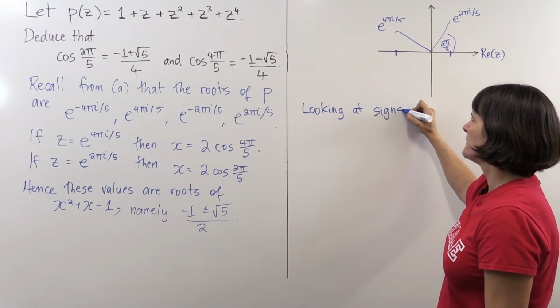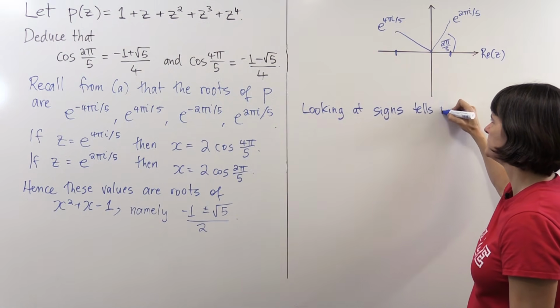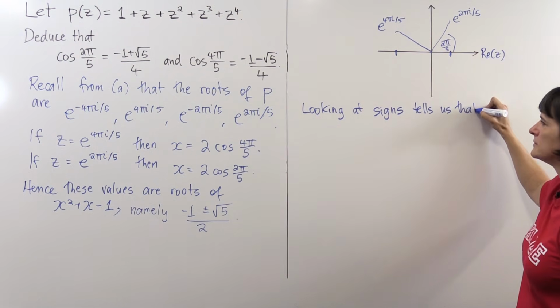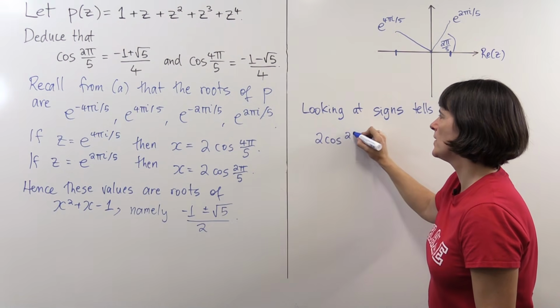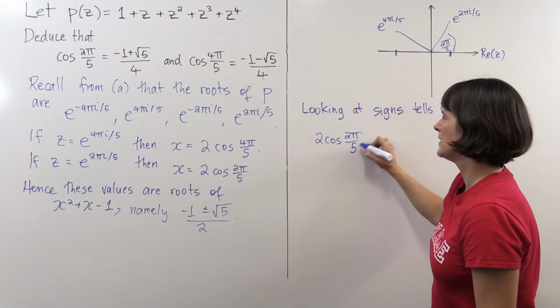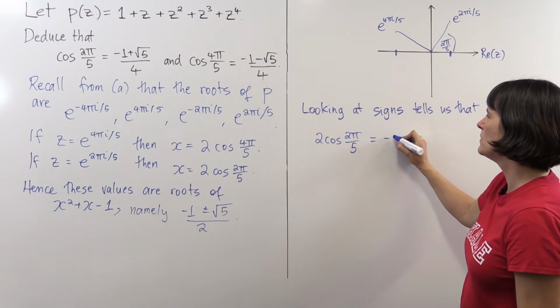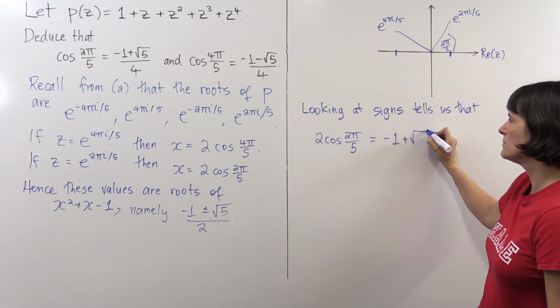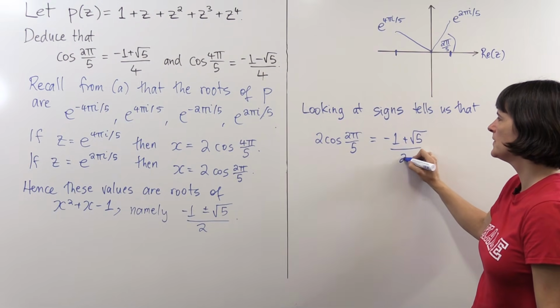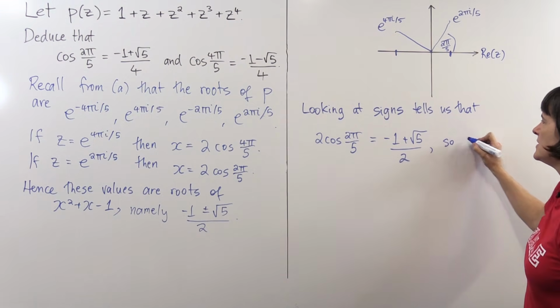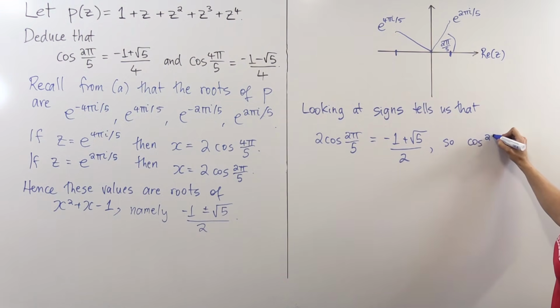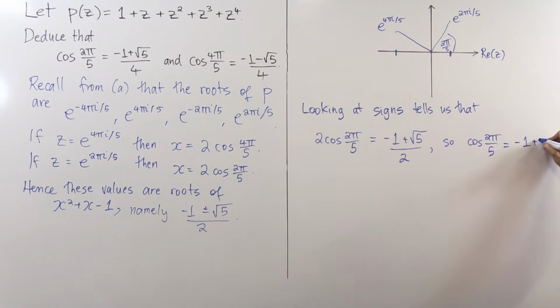So looking at signs, let's say, tells us that 2 cos 2 pi on 5, the positive one, must equal minus 1 plus root 5 over 2, because obviously root 5 is bigger than 1, and it's easy then to conclude that the cosine of 2 pi on 5 is what we were told.